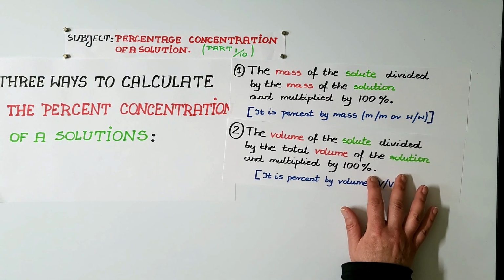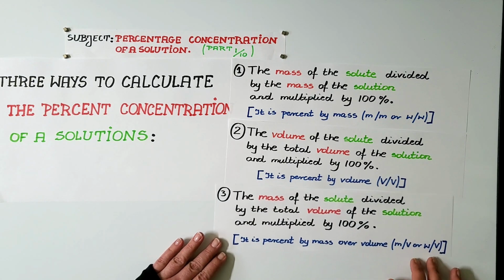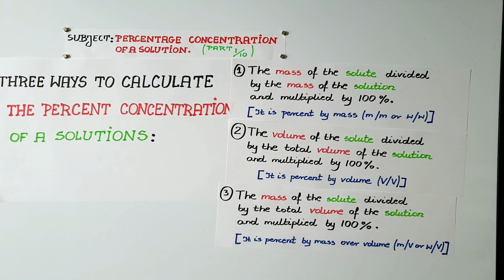The volume of the solute divided by the total volume of the solution and multiplied by 100%. It is percent by volume. And the mass of the solute divided by the total volume of the solution and multiplied by 100%. It is percent by mass over volume.